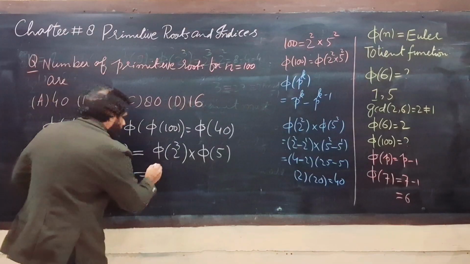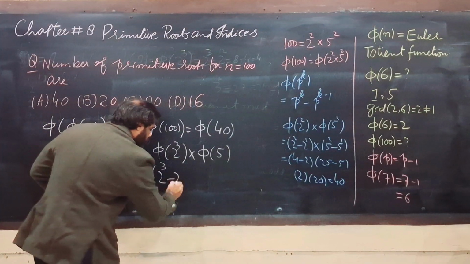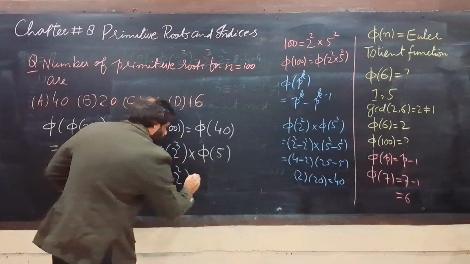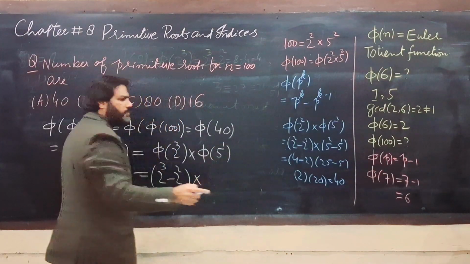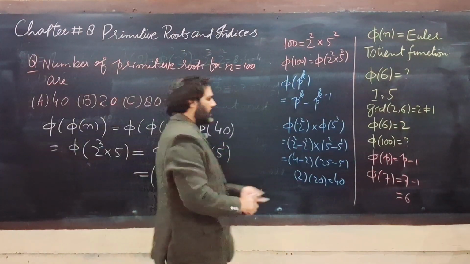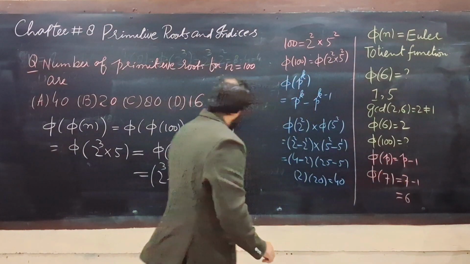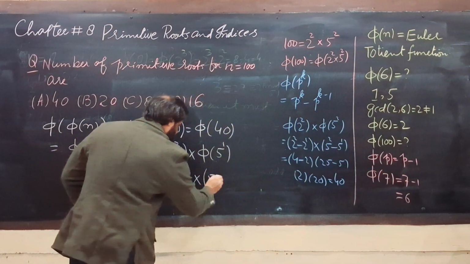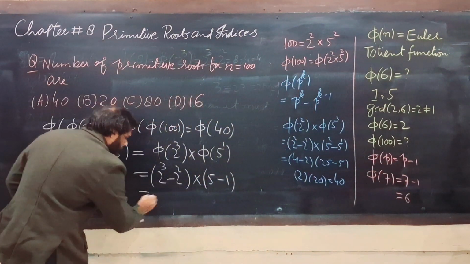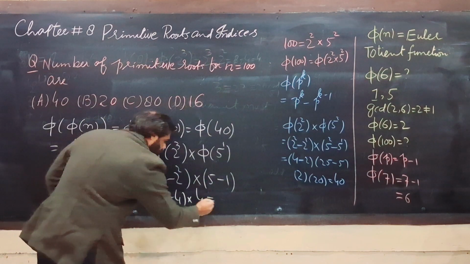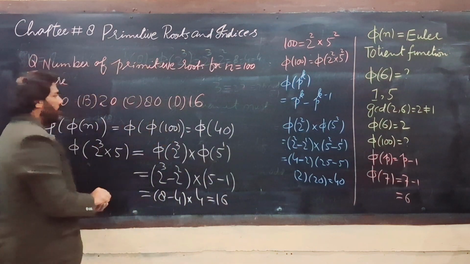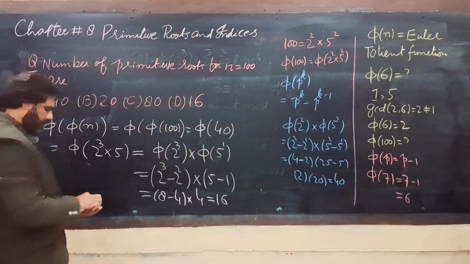Phi of 2 cubed means 2 cubed minus 2 squared. And what is phi of 5? 5 is a prime number, so we can use directly this formula, p minus 1. So 5 minus 1 here. And this is equal to 8 minus 4 into 4, and finally this is equal to 16. It means option D is correct here.